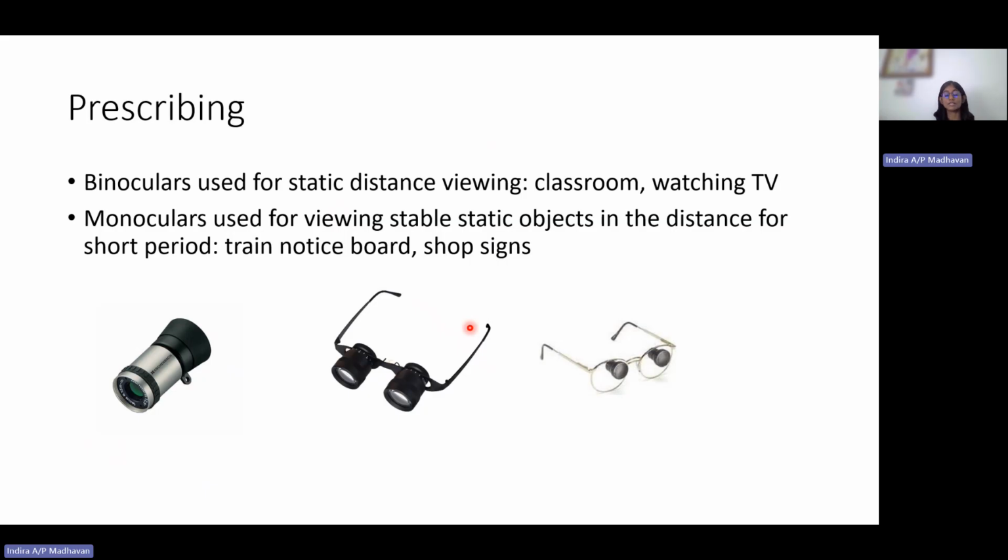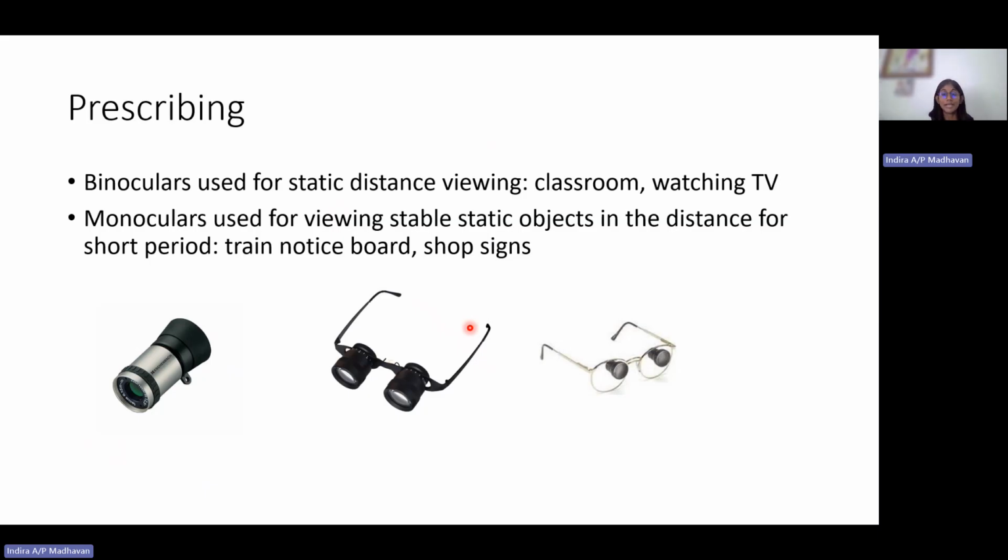Why? Because number one, the image that is seen through the telescope is actually not the real image. It is bigger in size and the distance is also shorter, so it's not the real distance. That is the reason why the patient cannot walk or move around with it, because they won't be able to know the distance between the object and themselves.